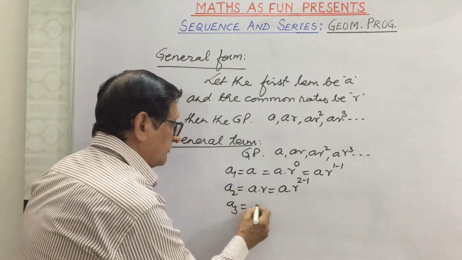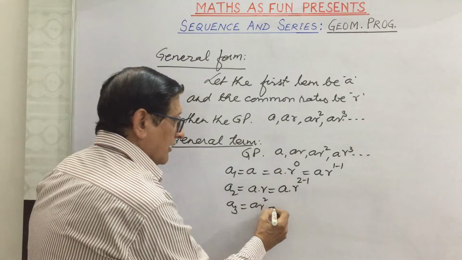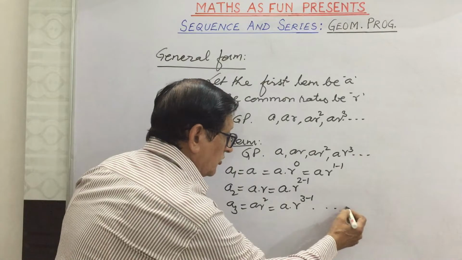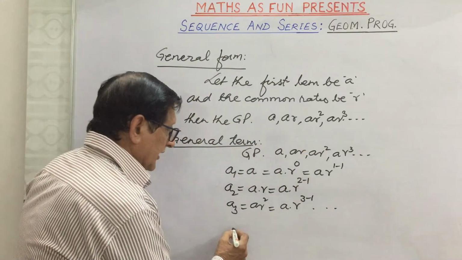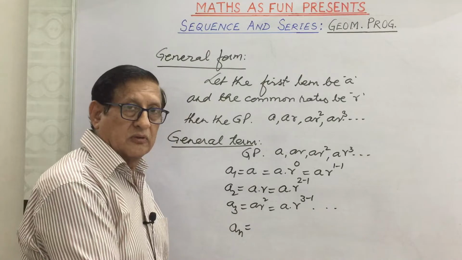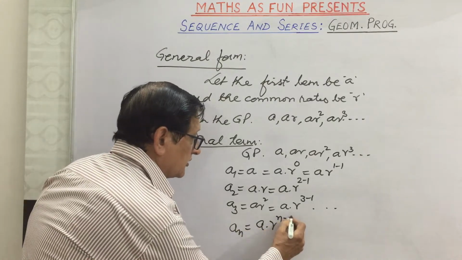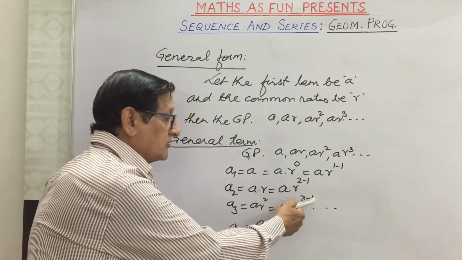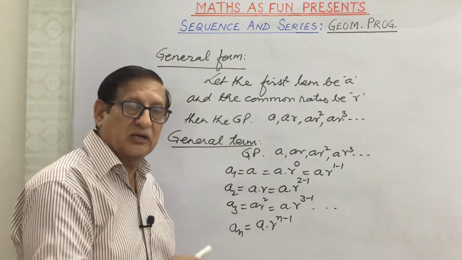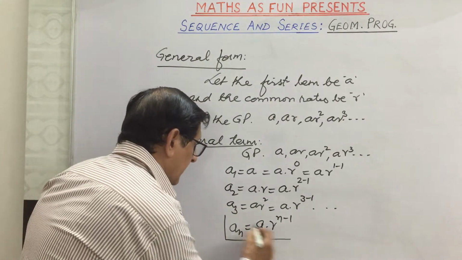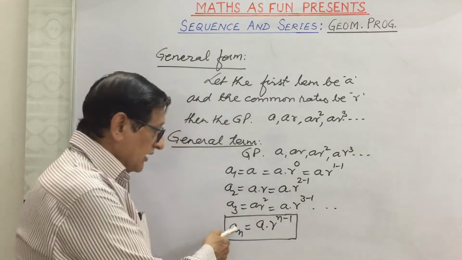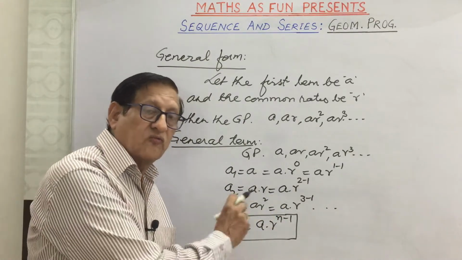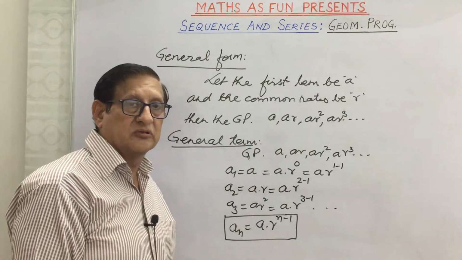The third term, that is AR square, can we write this as A R to the power 3 minus 1? And so on. Same way, the nth term will be given as A into R to the power n minus 1. What we find here, the number of the term minus 1 is the power of R in every term. So the general term can be given as An equals A into R power n minus 1. By this we can find out any term of a given GP.